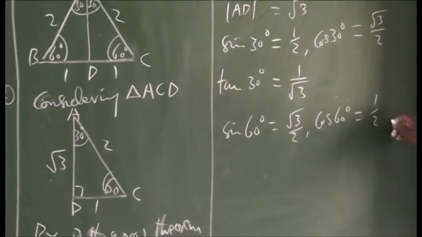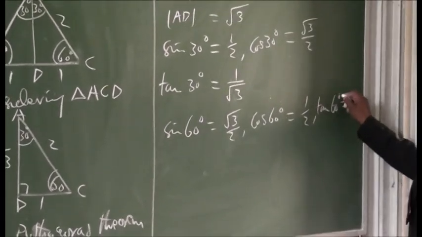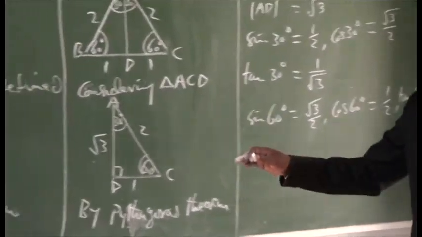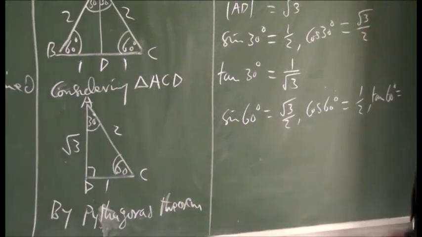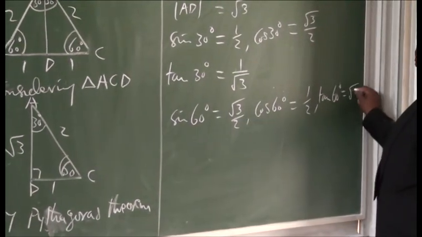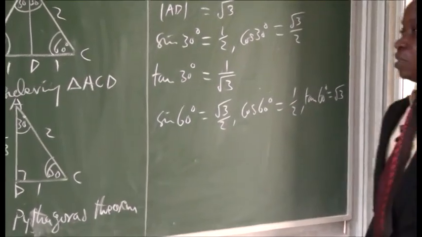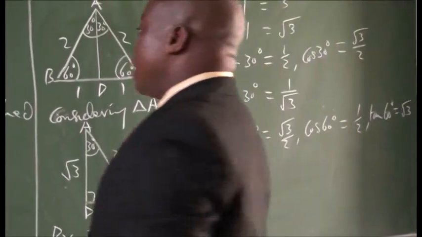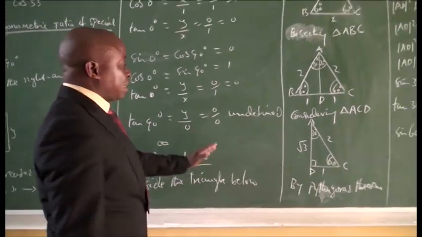Now what about tan? Tan 60 degrees equal, tan is opposite all over adjacent, which is root 3. That is root 3 over 1, which is root 3. All right. So we then see we have done it for 0, 90 degrees, 30 degrees, and 60 degrees.